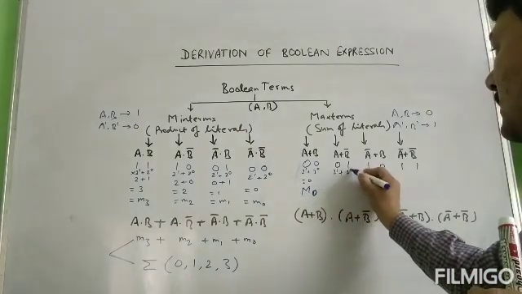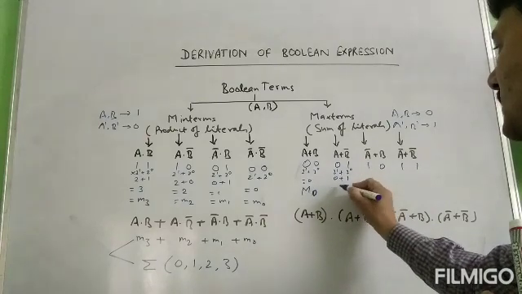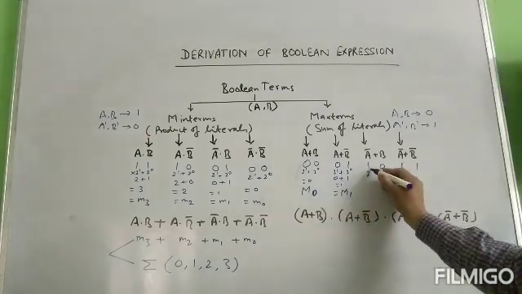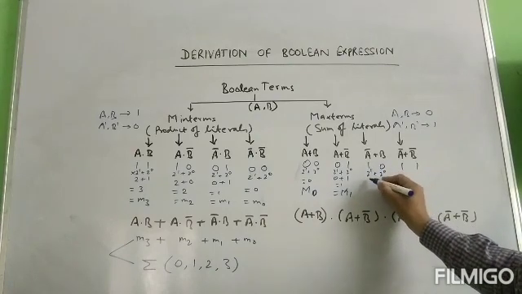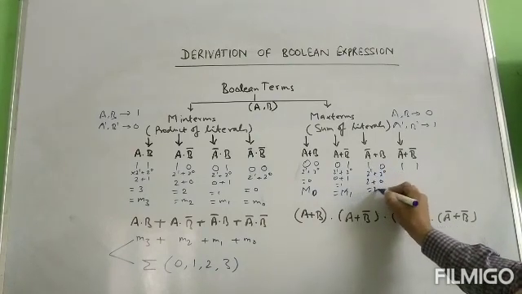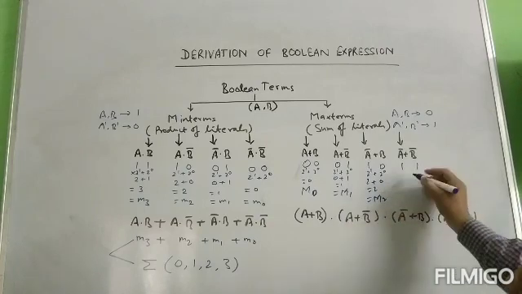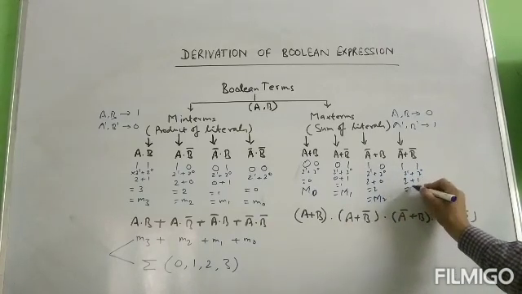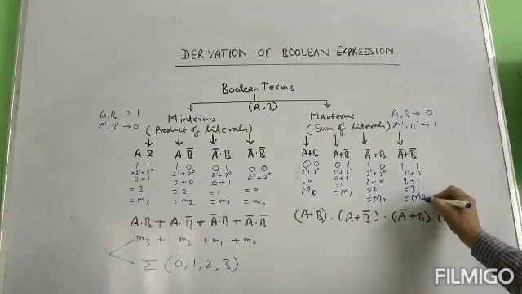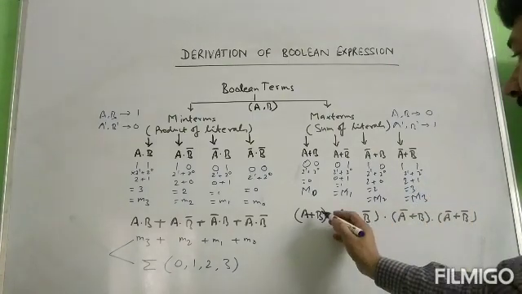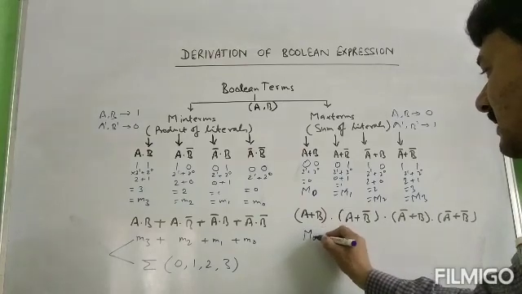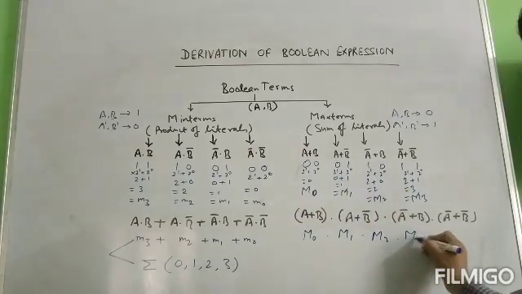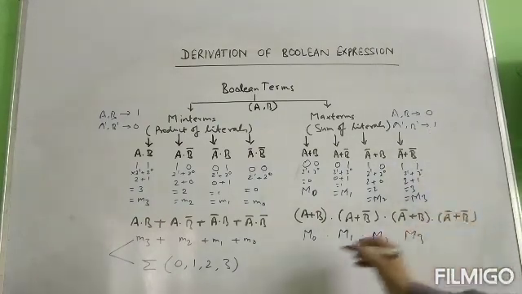Then 0 1 gives 0 plus 1 equal to 1, capital M1. Then 1 0 gives 2 plus 0 equal to 2, M2. And 1 1 gives 2 plus 1 equal to 3, capital M3. So (A or B) is M0, (A or B naught) is M1, (A naught or B) is M2, and (A naught or B naught) is M3.